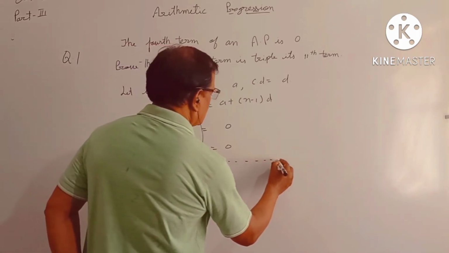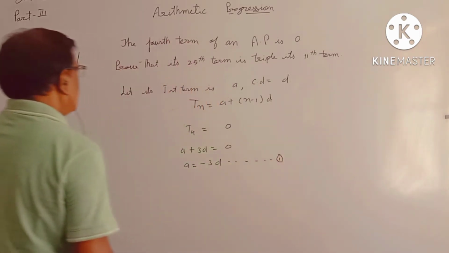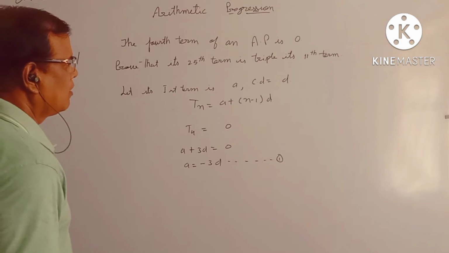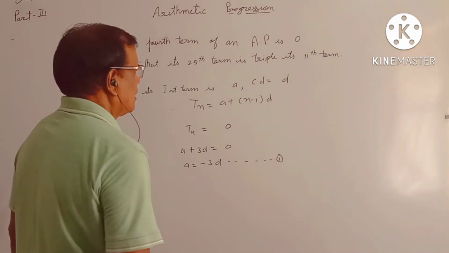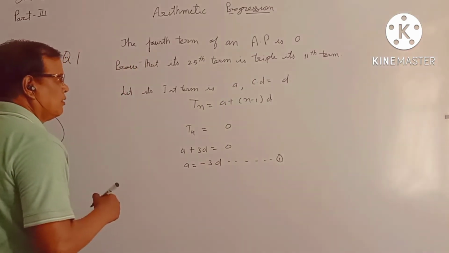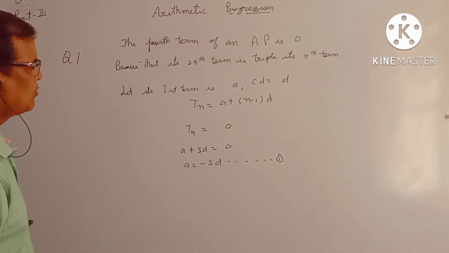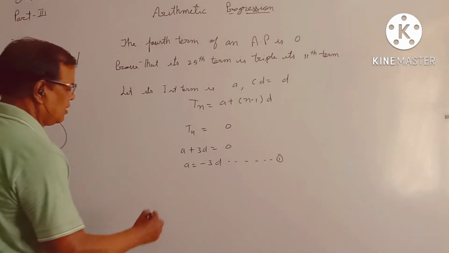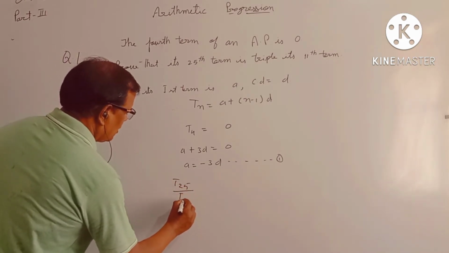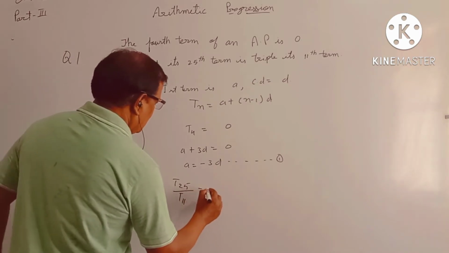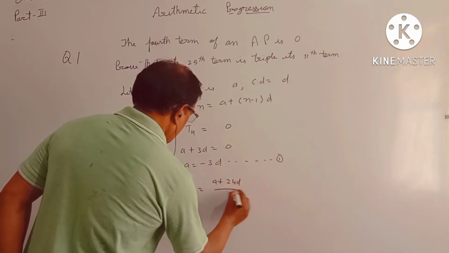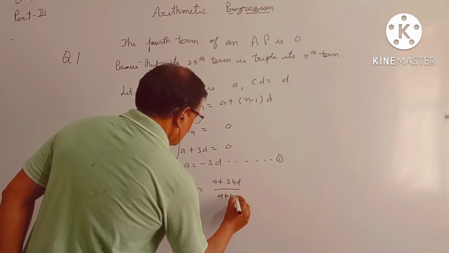It is the first equation. Next, prove that its 25th term is triple its 11th term. Now we write it. We can prove that the 25th term is 3 times the 11th term, as T25 by T11 will be A plus 24D by A plus 10D.